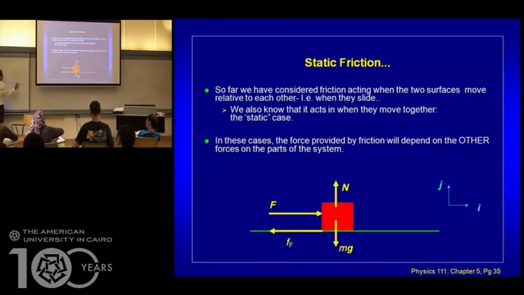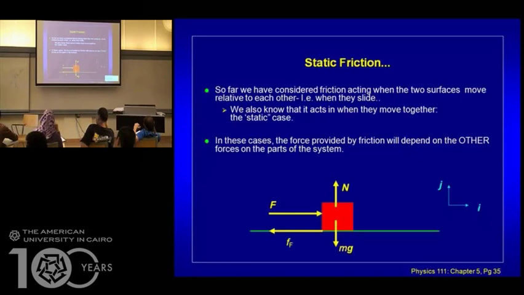That angle is theta, and that object is about to move. In that case, I will draw the free body diagram. That's mg, that's the frictional force upward, and that is the normal force.